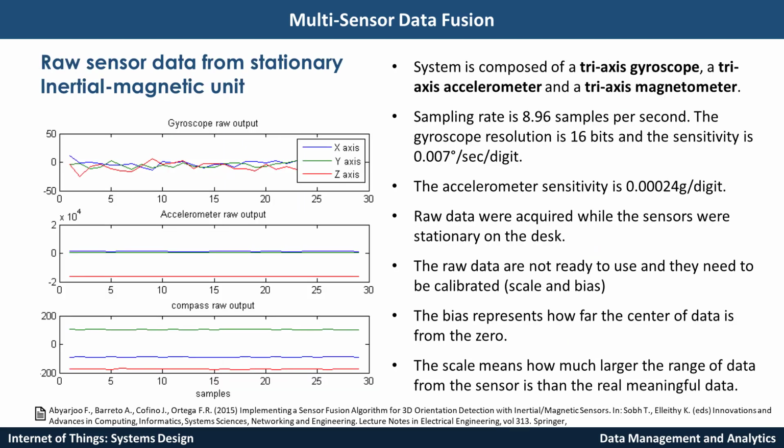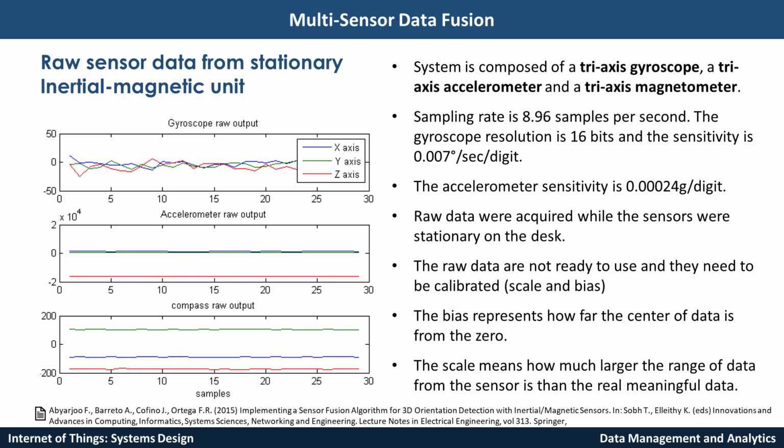Over the next 3 slides, I would like to talk about this particular use case where they have developed a sensor fusion algorithm for 3D orientation detection by combining 3 different sensors: gyroscope, accelerometer, and compass, or the magnetometer.